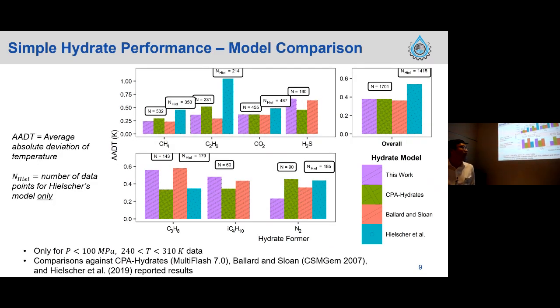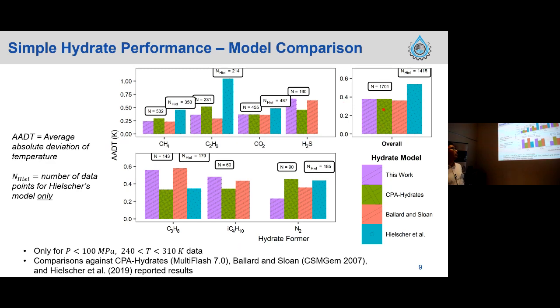So first we're looking at simple hydrates, so hydrates that only have one gaseous component. So we're looking at a very restricted range of data, but that's relevant to industry, and we're comparing against CPA hydrates as implemented in Multiflash 7 and Ballard and Sloan as implemented in CSMGem. So firstly, I want to focus on the overall performance.